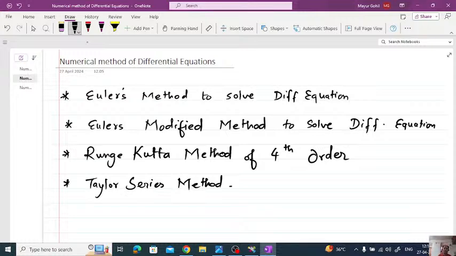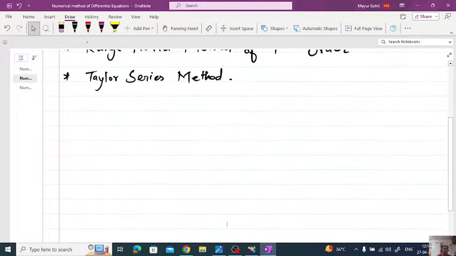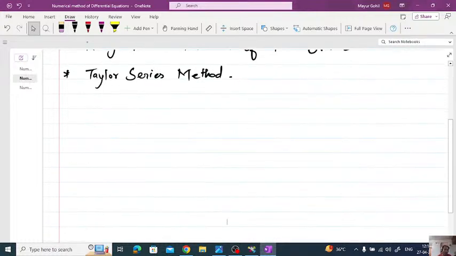Now, Euler's method has some important things to understand about how to handle it. Now see why these methods are there, I'll tell you. Because there are several other methods, not only these, but in most syllabi these are there as introductory methods, that's why I'm dealing with them. Otherwise there are many methods.